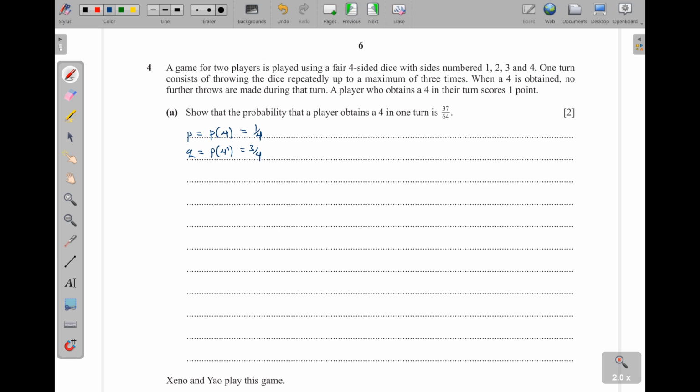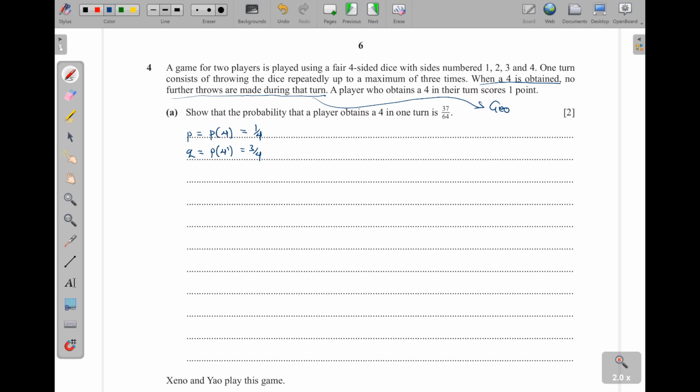Okay. Now, since they said that when a 4 is obtained, no further throws are made during that turn, this one qualifies it to be a geometric. Because for the geometric distribution, that is when we do the experiment repeatedly until we get our desired result. You see that?